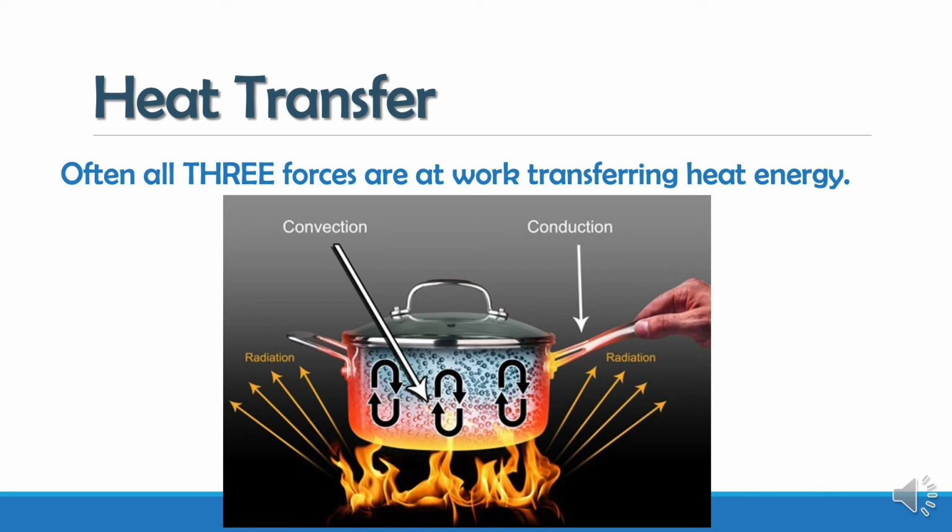The same thing happens with air. Again, there's another slide a little bit down the road that will discuss this in more detail. So again, here we have radiant heat, convection heat, and conductive heat all in the same place.